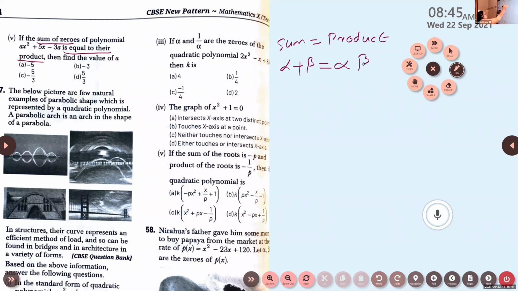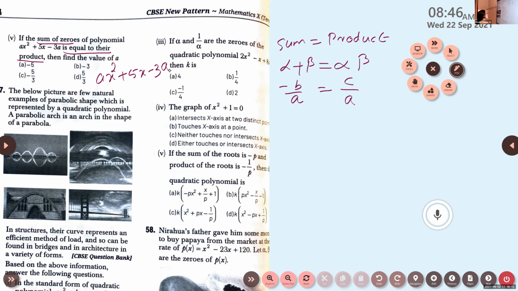And alpha plus beta formula is minus b by a. Product formula is c by a. And for this equation, ax square plus 5x minus 3a, sum is minus b by a, and it is equal to what?